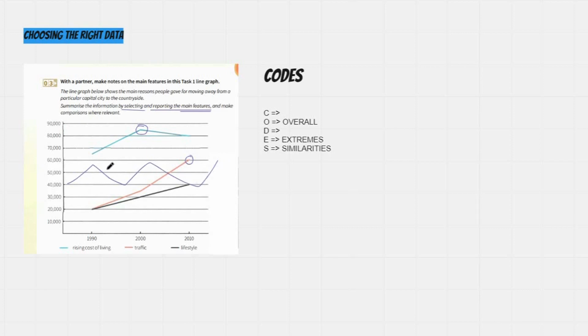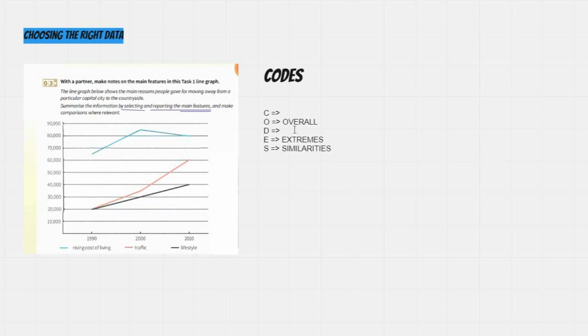So if you see something like this, you will definitely have to say that this particular number had 3 peaks. Or if you see something like this, you might say that this number reached its lowest point at such point in time and remained unchanged since.